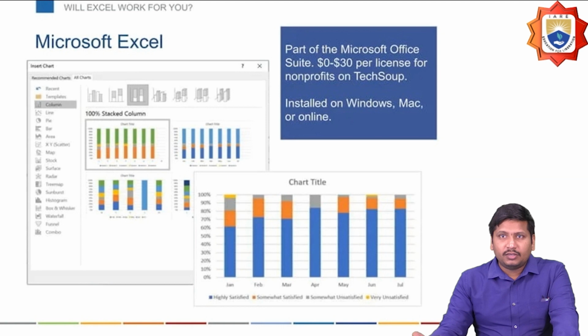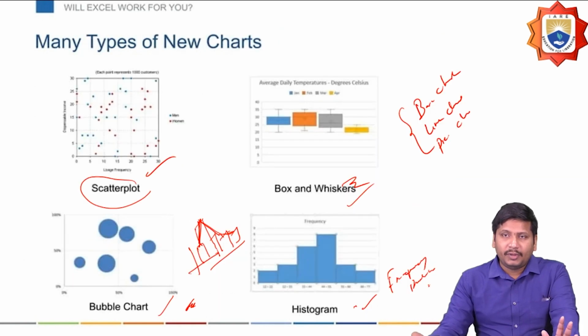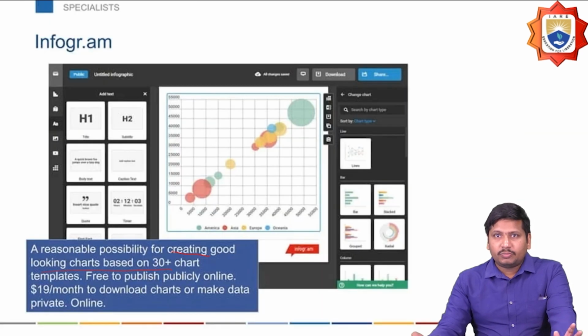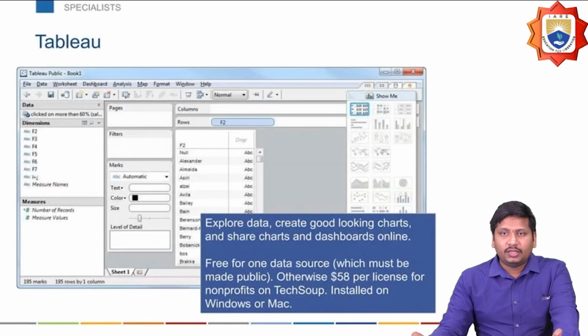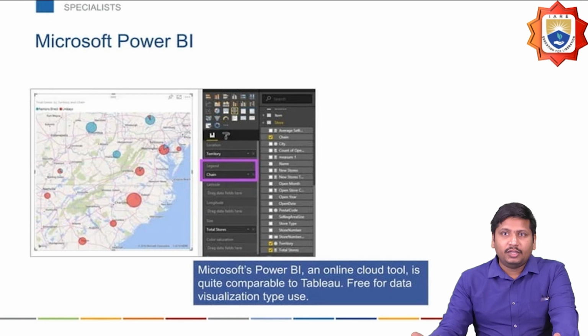Excel is the tool that is normally used initially to show the different types of visualization, and you can customize it, and many types of charts are used here. The data visualization specialist tools we have include Infogram. Infogram is a new tool for making data visualization, and Tableau is another kind of tool that is available nowadays, with many functionalities available in Tableau. And Power BI is the other kind of data visualization tool.